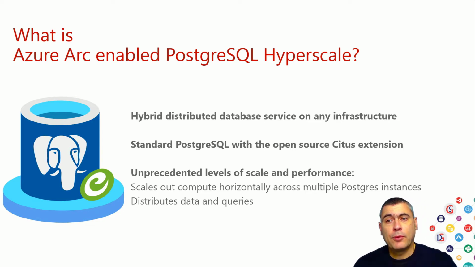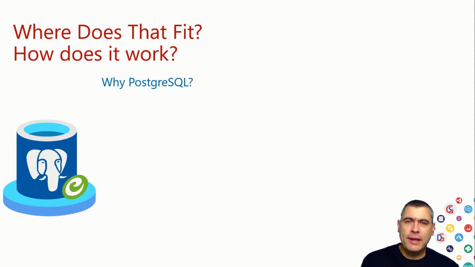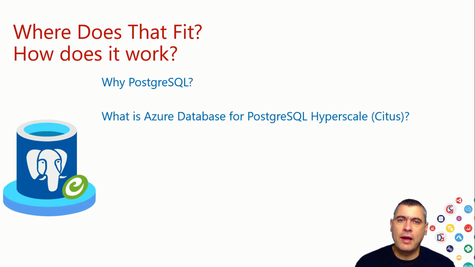Right. So you may ask yourself the question, so where does that fit and how does that work? I'll tell you about it. So first we'll look at why Postgres. You may not be aware so much about Postgres, so I'd like to tell you a few things about it. Then we'll look at what is Azure Database for Postgres Hyperscale Citus before we look at what is Azure Arc.